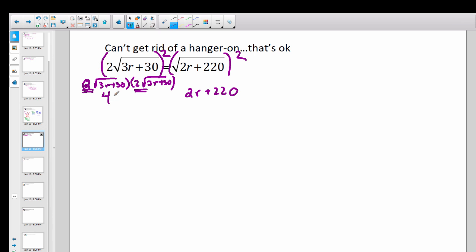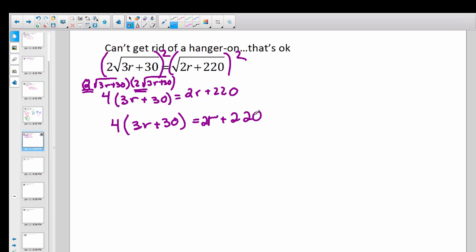Insides to insides, that's when the radical goes away. Let me write this neater. So 4 times 3r plus 30 equals 2r plus 220.